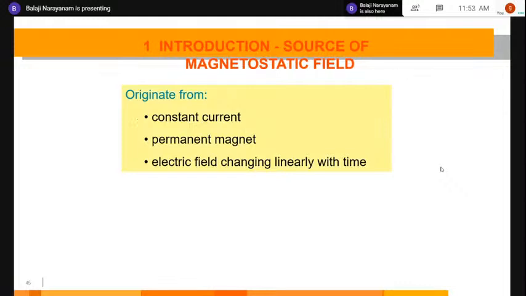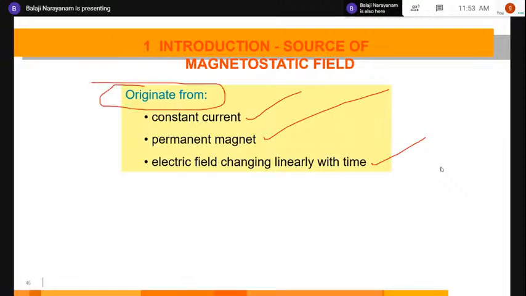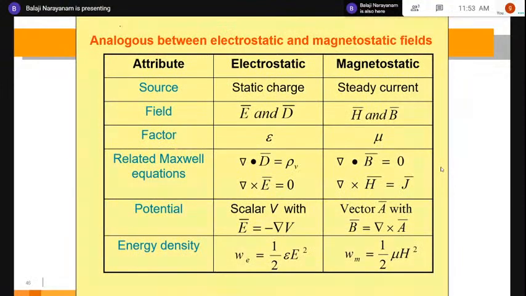It may originate from a constant current, from a permanent magnet, or from an electric field changing linearly with time.